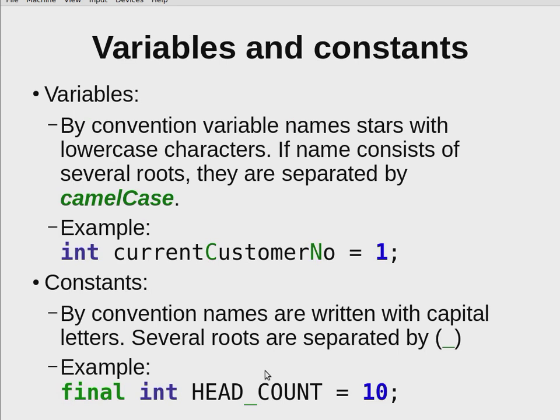So for constants, in Java you use final keyword. So why it's final, not const, we will go in details later, because for primitive types you can use final as a mark for constant value.